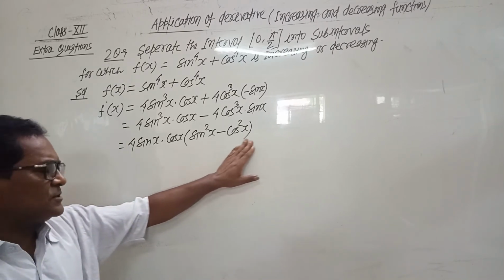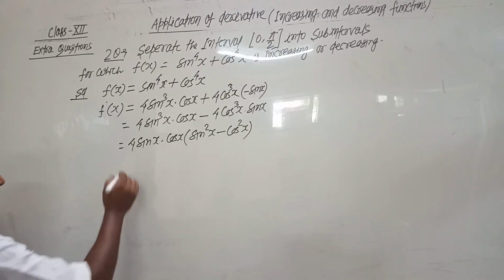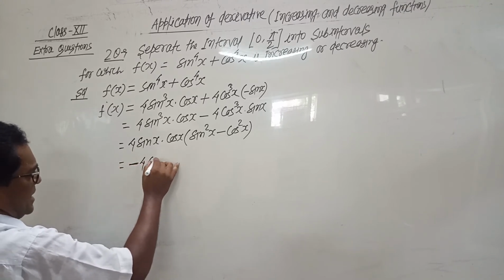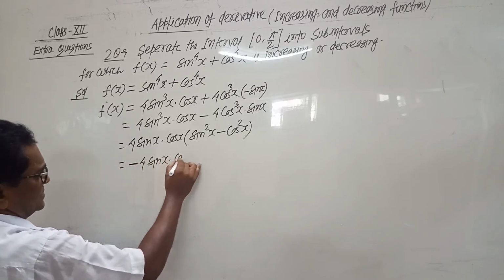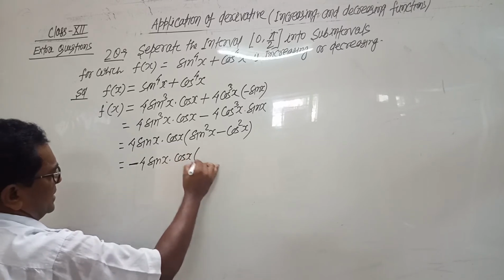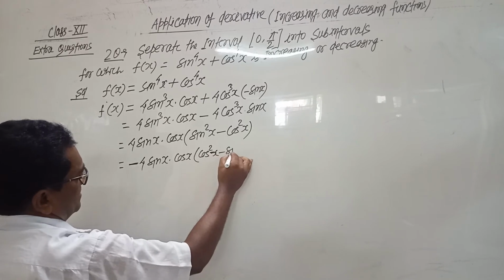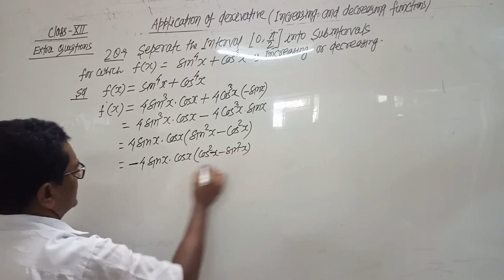Inside the bracket we take minus common, so the minus sign will come outside and it becomes minus 4 sin x into cos x into cos square x minus sin square x.